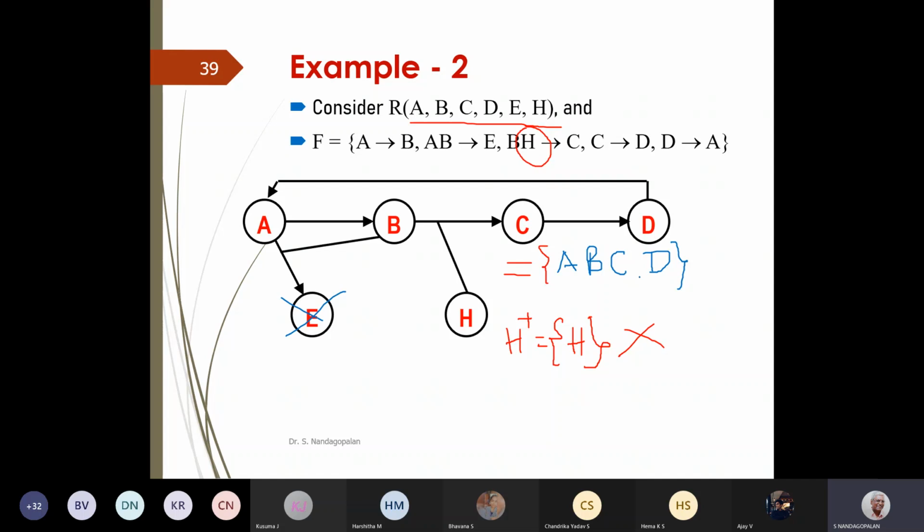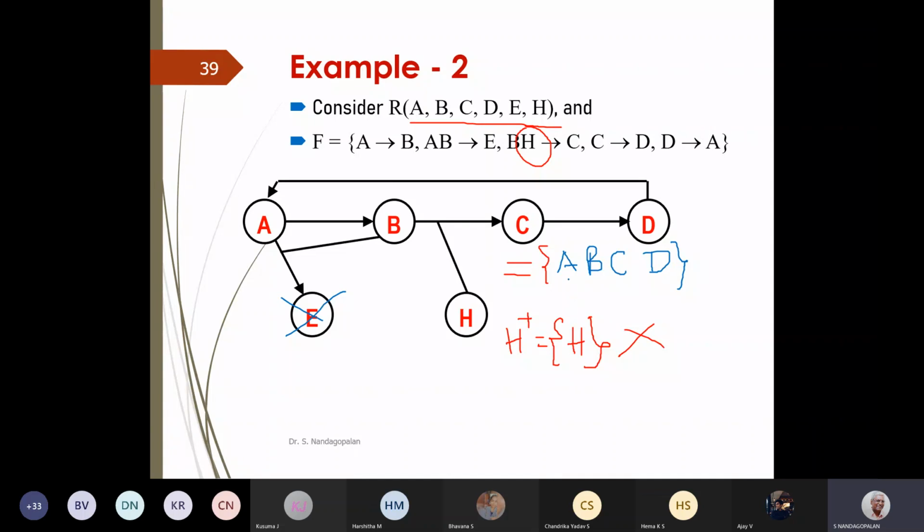But A, B, C, D, since they appear on either side, I can borrow one attribute at a time from this set along with H, because I need to help H in order to make sure whether I can get a candidate key.